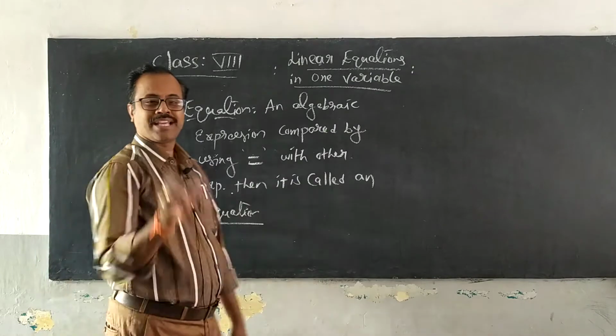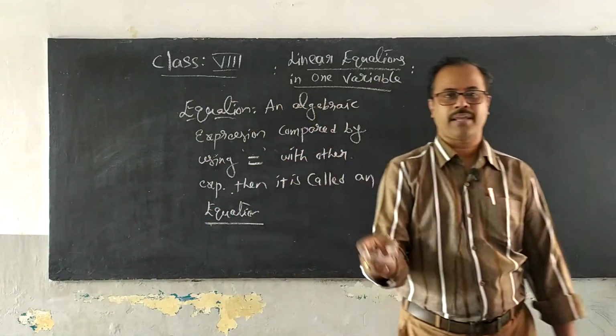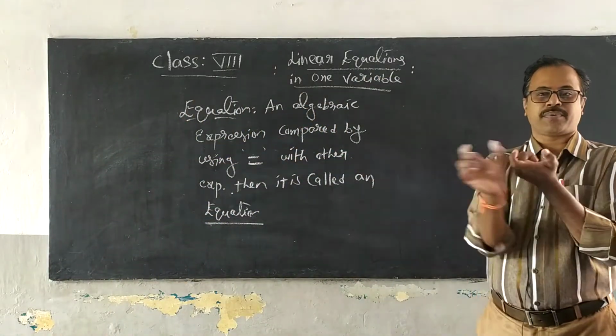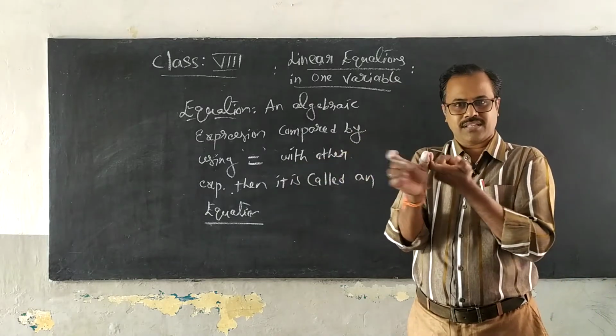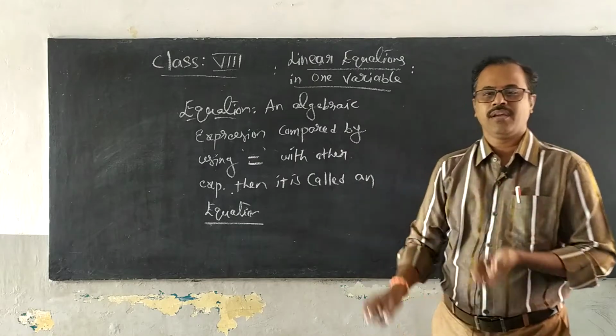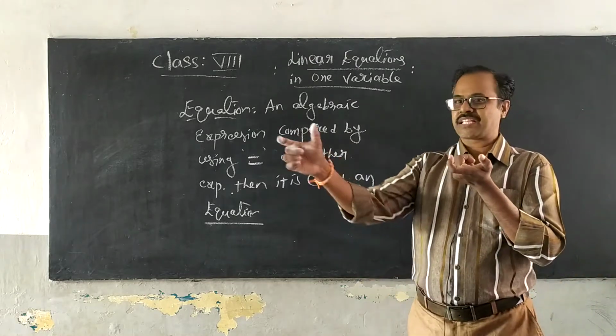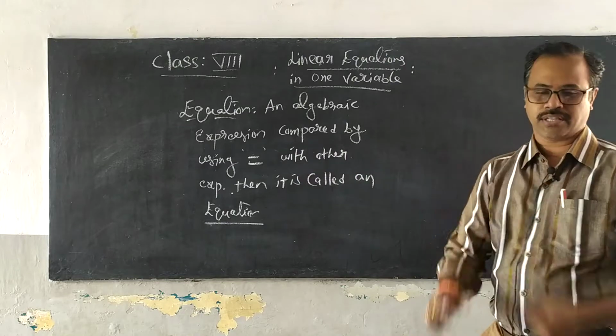Okay, equation is the word formed by equal and expression. So an expression containing is equal to is mixed into one formation, that is called equal and expression combined, equation.